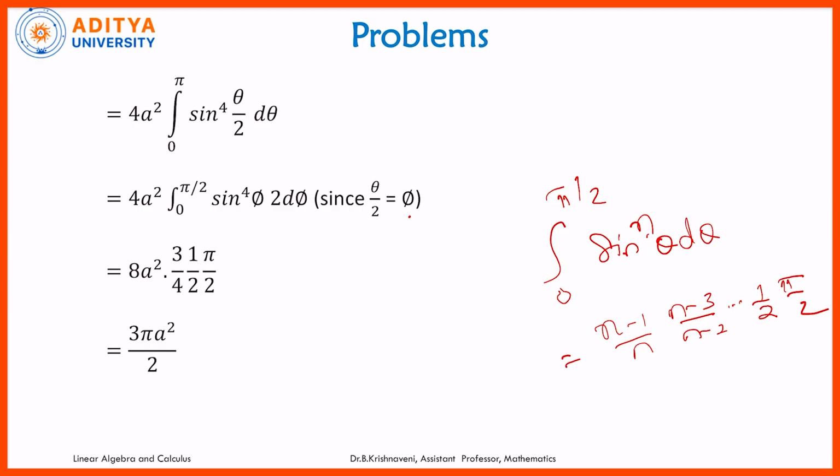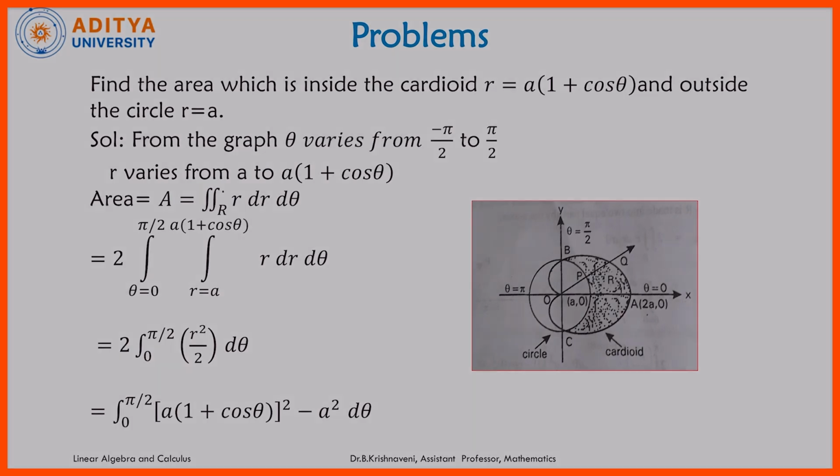Substituting n is equal to 4, 4 minus 1 is 3 by 4, 4 minus 3 is 1, 1 by 2, into pi by 2. So which gives 8a square into 3 by 4, 1 by 2, pi by 2, that will be equal to 3 pi a square by 2. So this gives the area of the given cardioid.